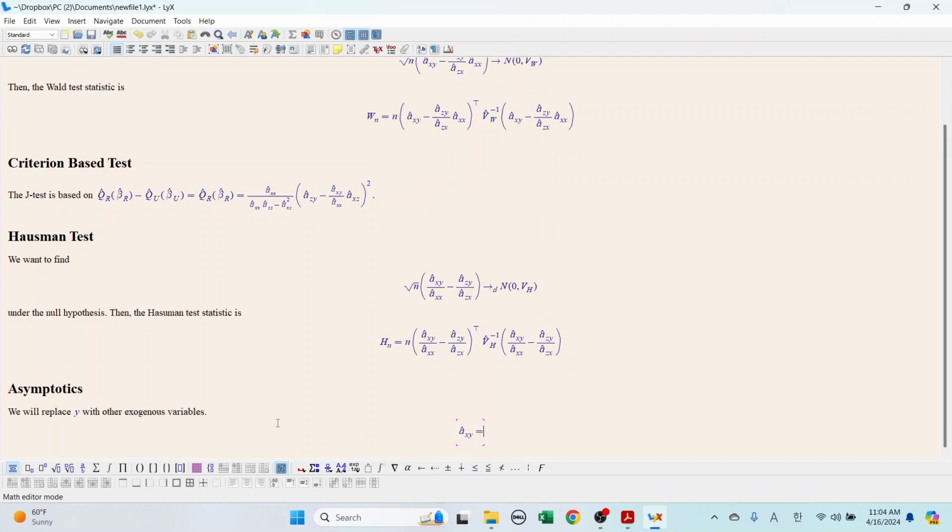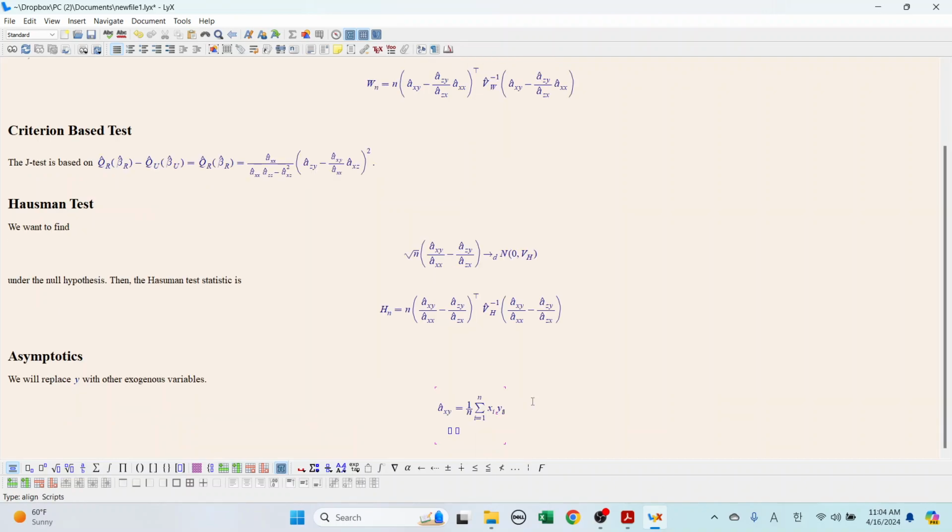So for example, in our notation, we have the average of x times y, and I will rewrite it.